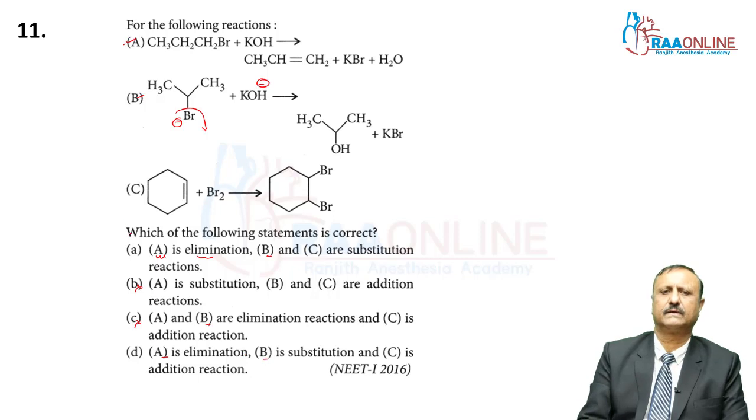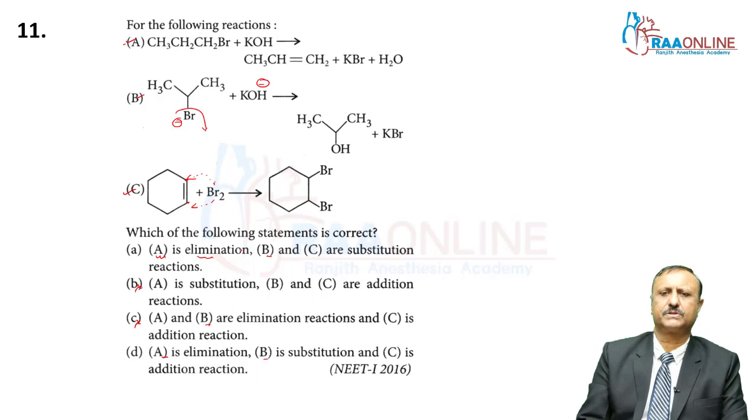Now we can see the C reaction. Here in reaction C, Br2 is added to this carbon atom and this carbon atom. So, my dear students, when Br is added to both carbon atoms, the double bond is broken and converted to a single bond, so it is called an addition reaction.